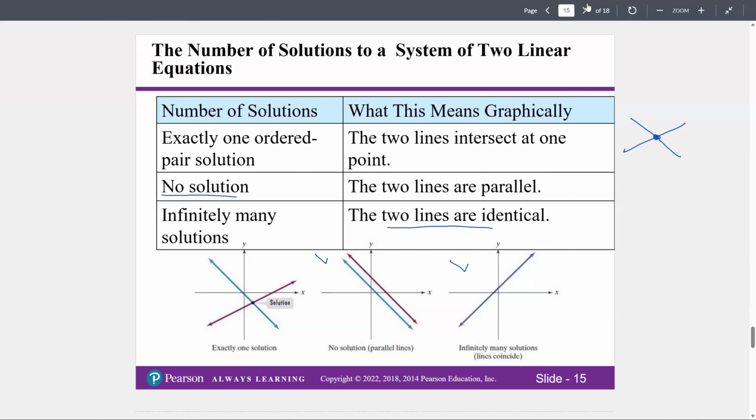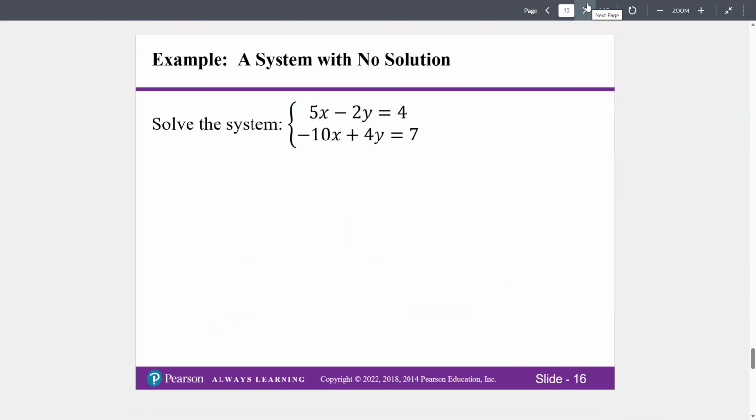So we are going to look at the system with no solutions and see what happens. So we have 5x - 2y = 4, -10x + 4y = 7. If we try to eliminate, let's say we want to eliminate y.